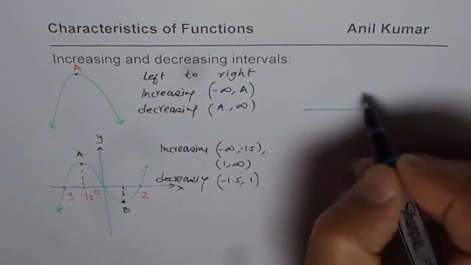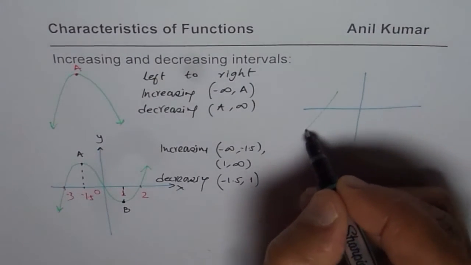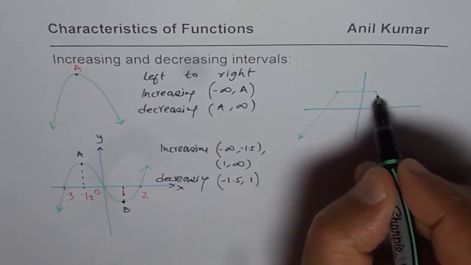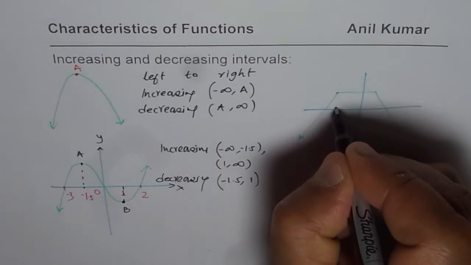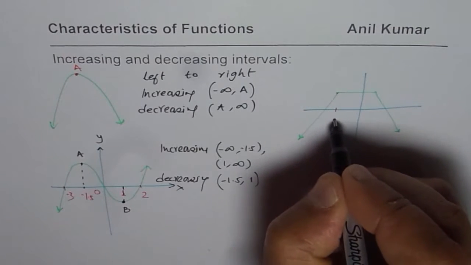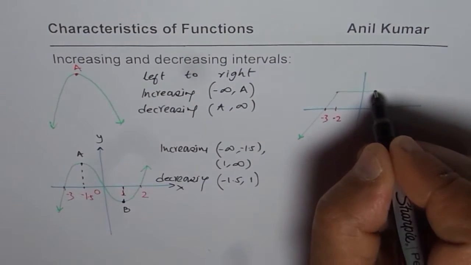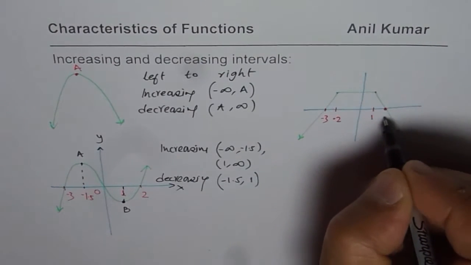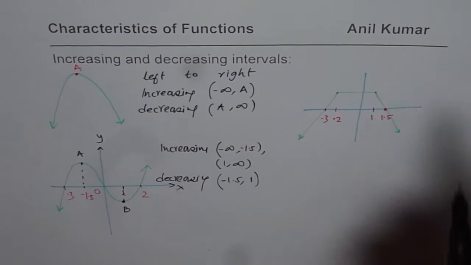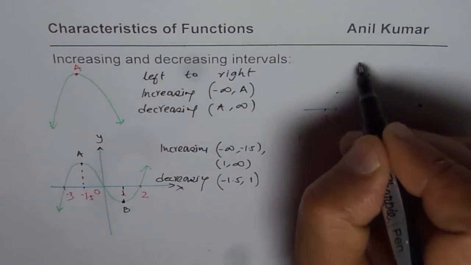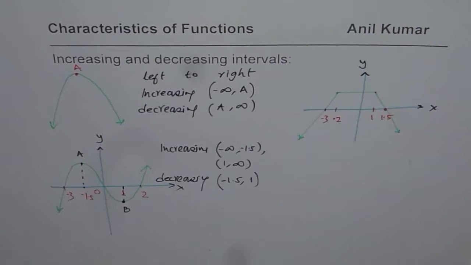Now let me share with you a test question based on our learning. So if I have a function here like this, right, and let me say this value here is minus 2, and this point is minus 3, this point here is 1, this point is 1.5, and you need to write down the interval when the function is increasing and the interval when the function is decreasing.